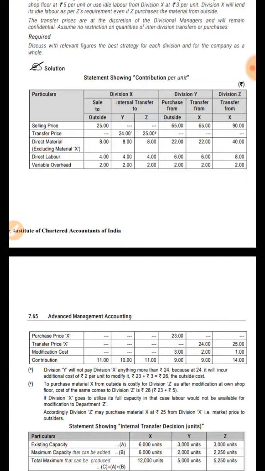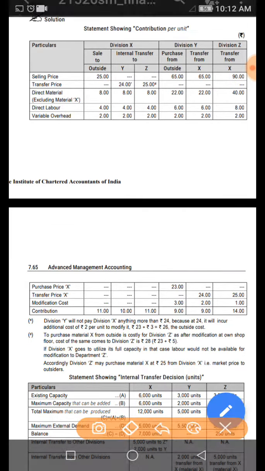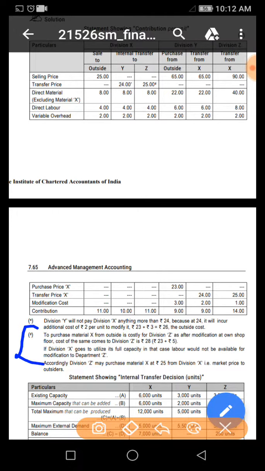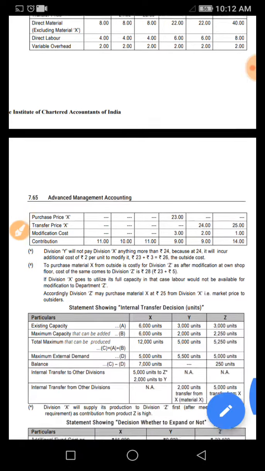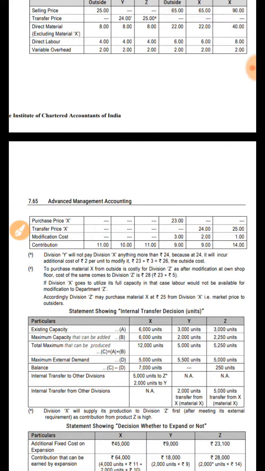If it is getting transferred from X, it is transferred at 25, and a modification cost of rupee 1. So if you deduct all these, you will get contributions of 11, 10, 11, 9, 9 and 14. Okay, this explanation, whatever I said, that only they have written here. So we got the contribution.